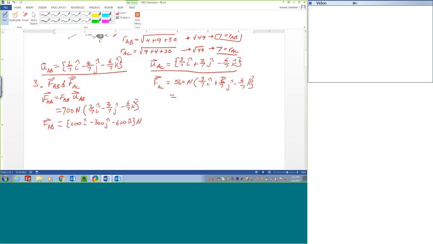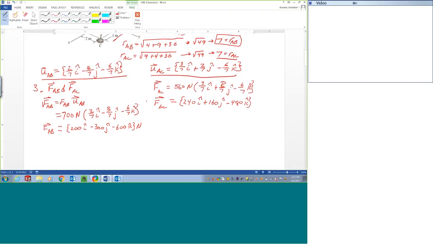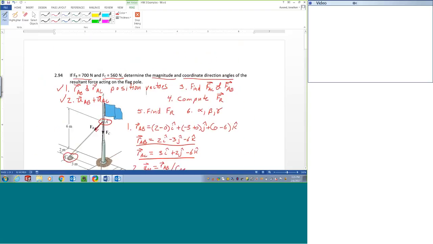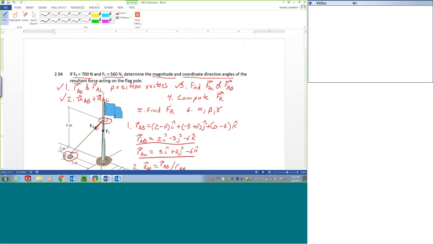So 7 out on this side, we have 80 times each of these. That gets us 240 i plus 160 j. 6 times 80 is negative 480 k. All right, so we got those. Come back up, pick our plan here. That's that taken care of.